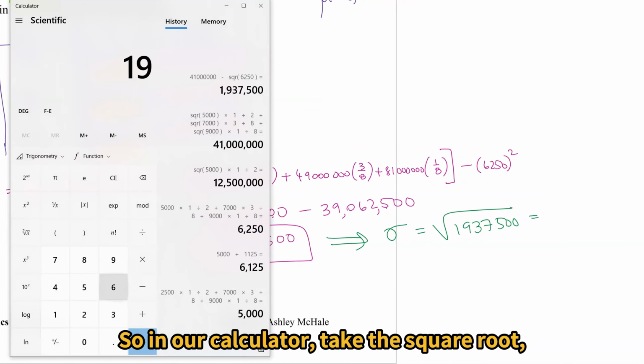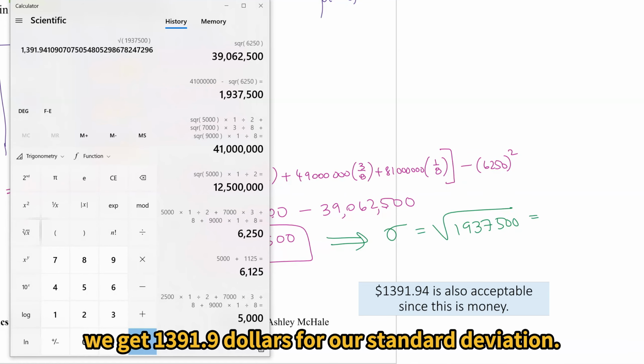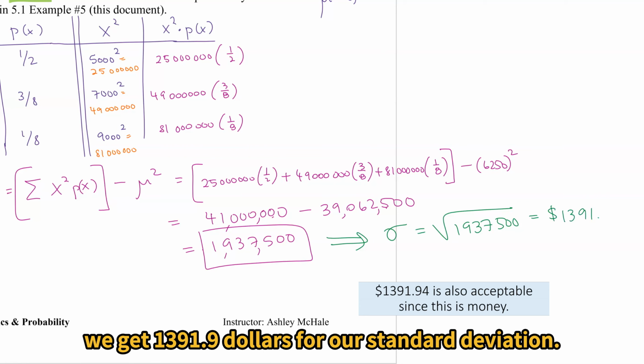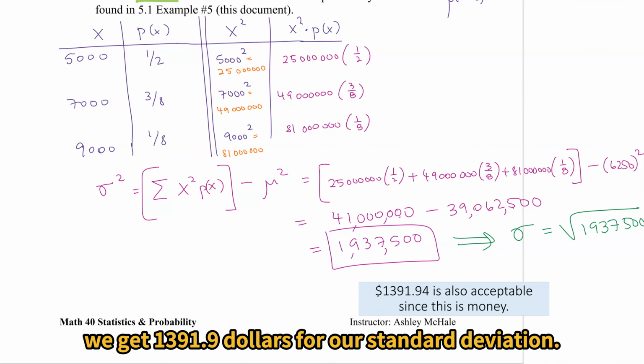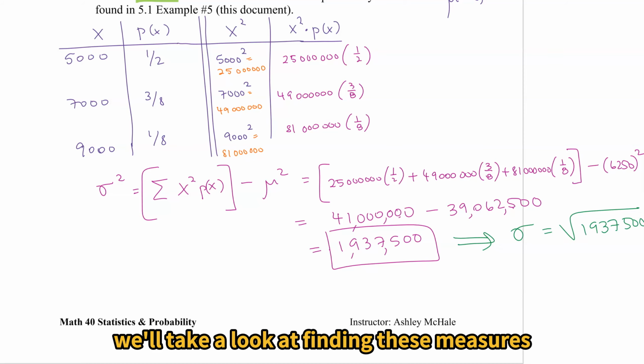So in our calculator, take the square root, we get 1,391.9 dollars for our standard deviation. In the next part of our lesson, we'll take a look at finding these measures using technology.